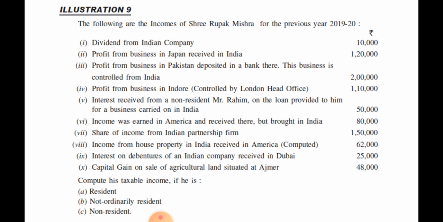So it will be fully exempt. Yes, definitely it is an Indian partnership firm, but you have to keep in mind that share from HUF, share from AOP, BOI, share from Indian partnership firm is always exempt, fully exempt in the hands of the members.